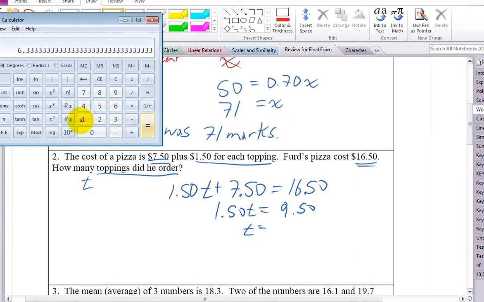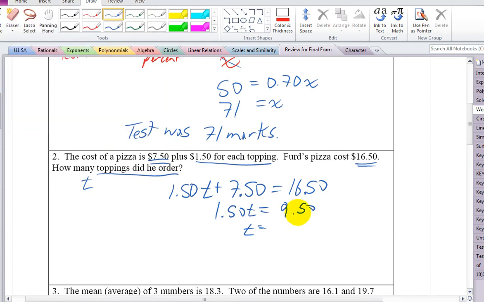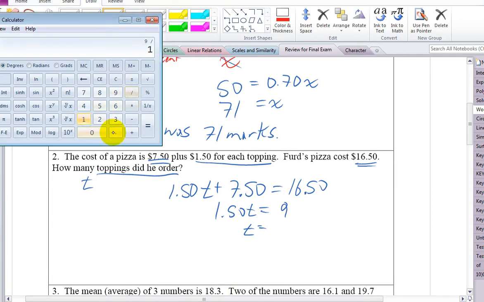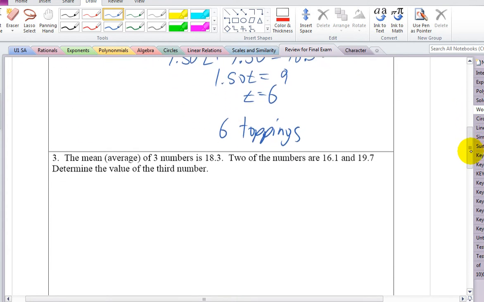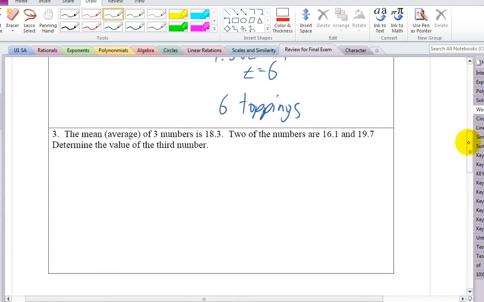So 6 toppings. How many people got that? Hands up. Good.